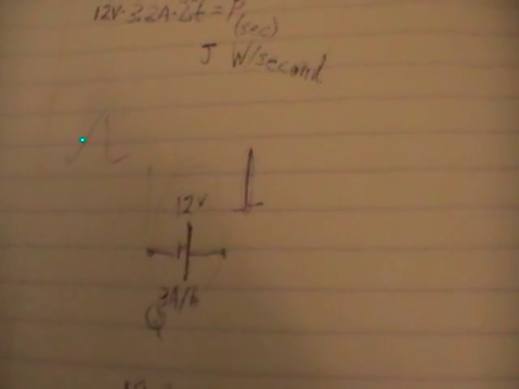Now, if you want to do this with current, then all you have to do is put here a higher voltage, let's say 20 volts. Okay, and now the differential will be 8 volts.